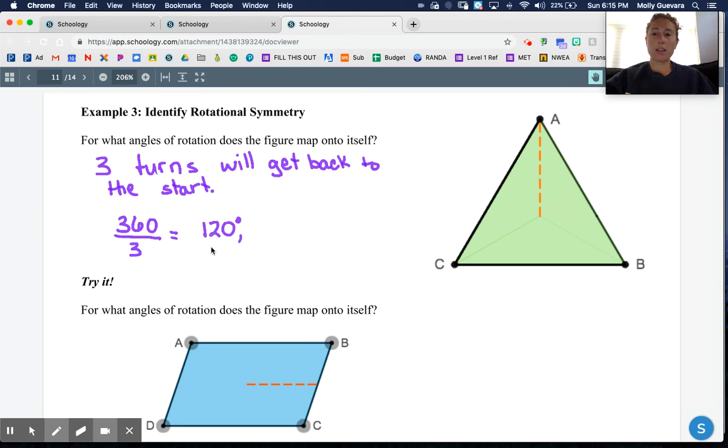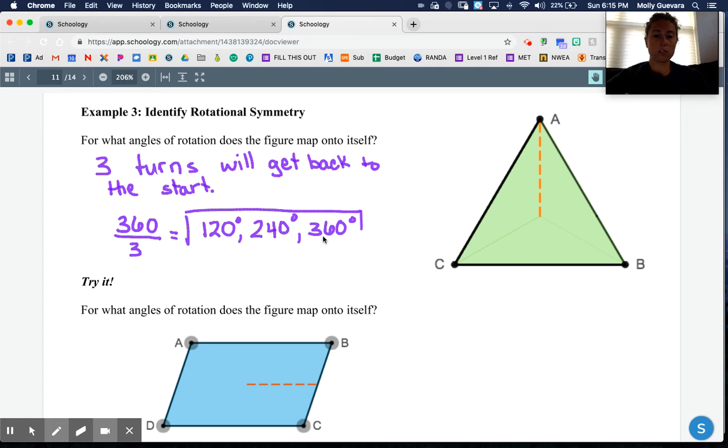And then another 120 degrees gives me 240. And that will also line back up on itself. Okay, and then 360, obviously it will line back up on itself. So there are the 3 angles that line back up on itself. Every time I turn 120, 240, or 360, it will line back up on itself.